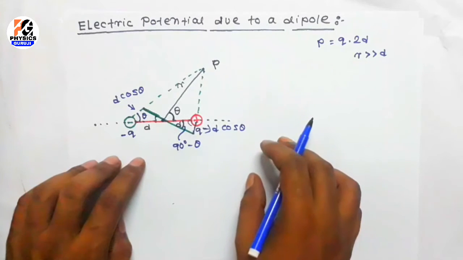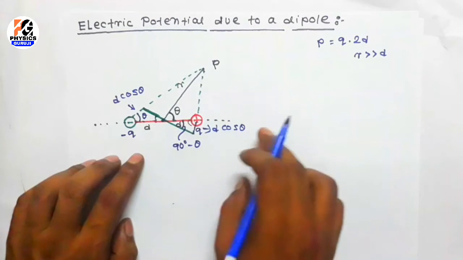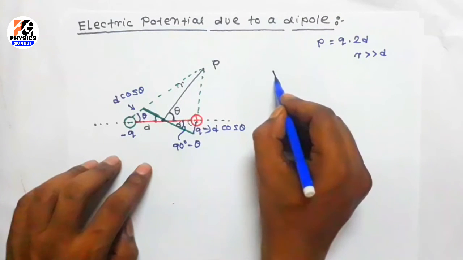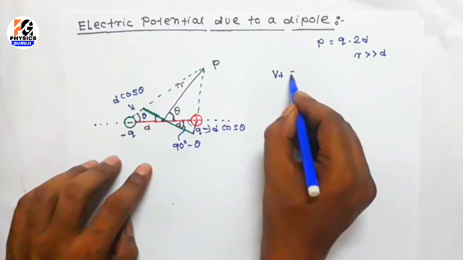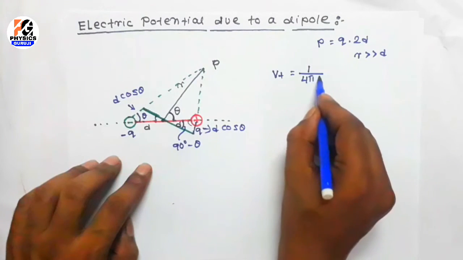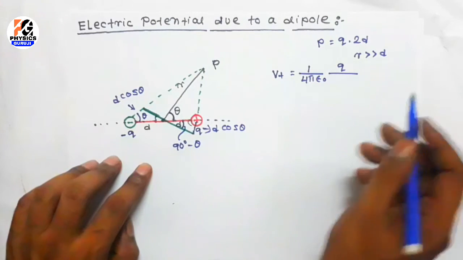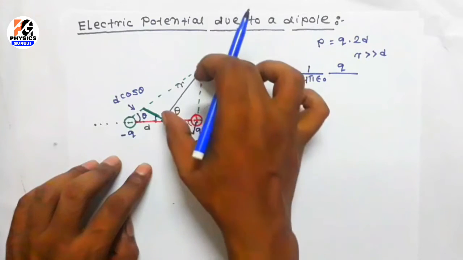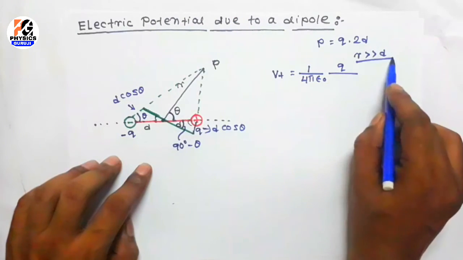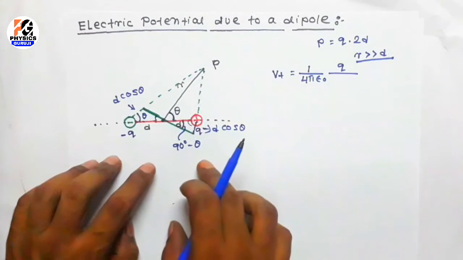Now if I want to write the electric potential at P, there will be two potentials. V plus, which is due to the positive point charge, is 1 by 4 pi epsilon 0 into q by distance. As r is very much greater than d, these two distances can also be taken as r.